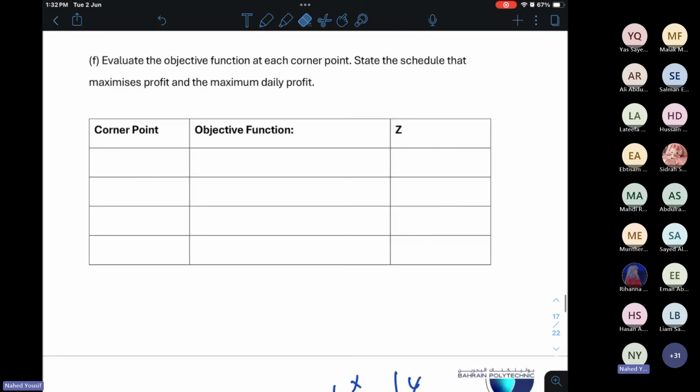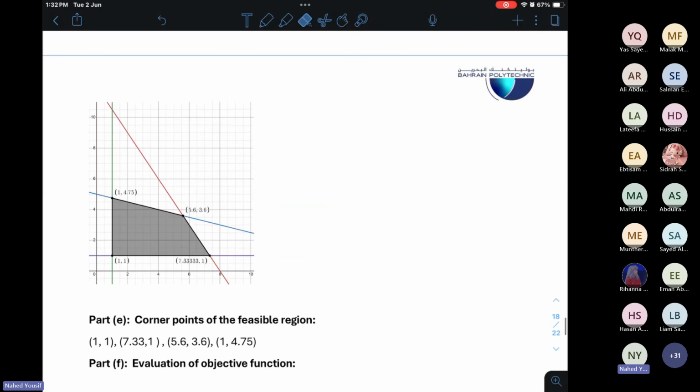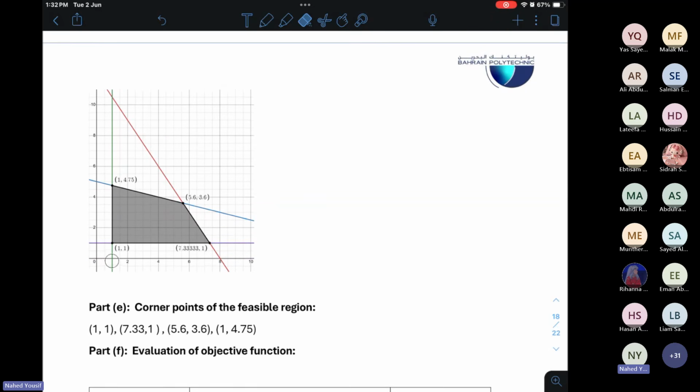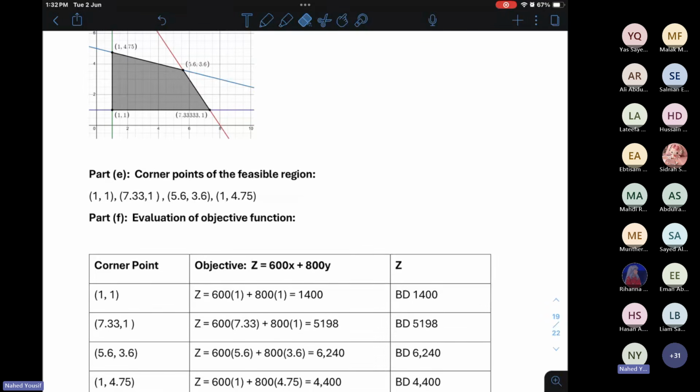See here, in the model answer, they just highlight them. And these are the points that you have to read from the graph. If they are readable, you just have to write them. So here we have 1, 1 and 4.7. And here we have 5.6 and 3.6. And you just have to put them here in your table.